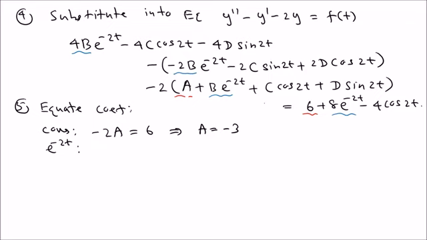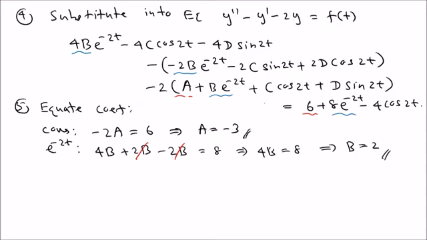So we have 4b, and then we have negative negative positive 2b, and then we have negative 2b, good, and then equal on the other side we have 8. So how this simplifies, you can see this and that get cancelled, so you will get 4b equals 8. In other words, b equals 2.